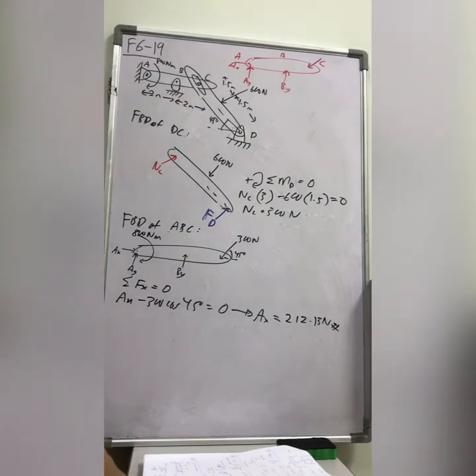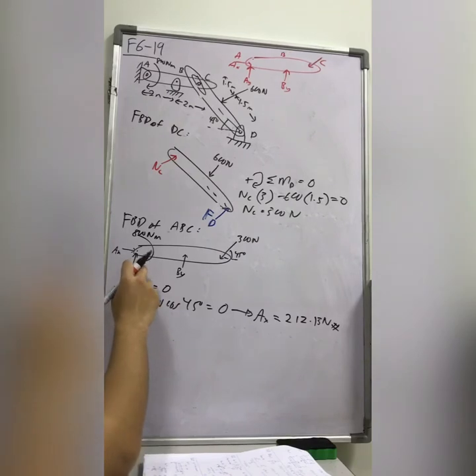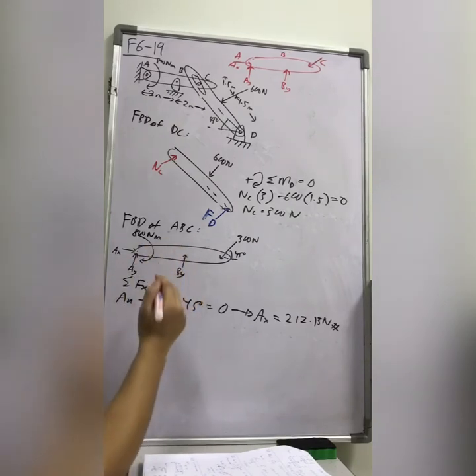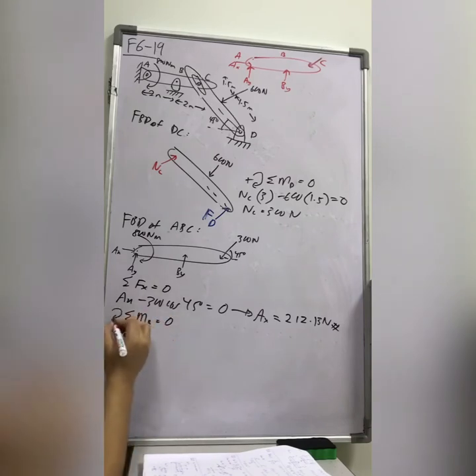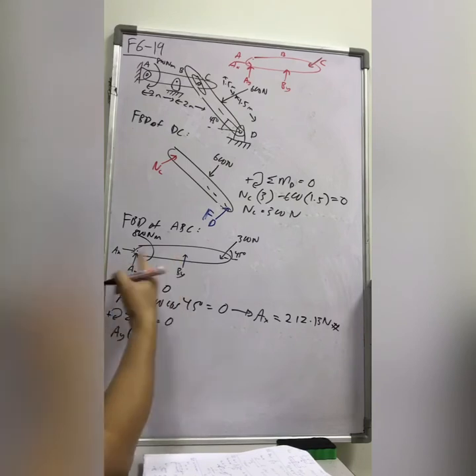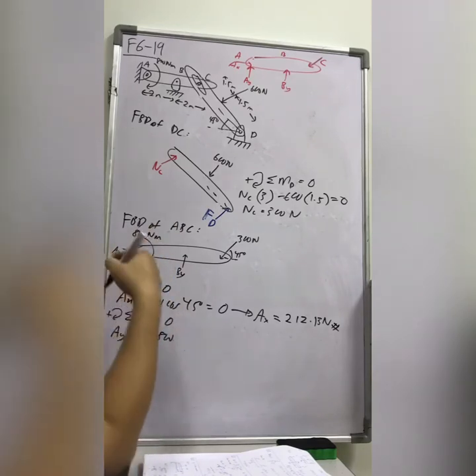And the second one, you can do moment about point B to get your AY. Understand that? If you do that, you will eliminate BY in the equation. So you do moment about point B, assuming for instance clockwise is positive. You have AY times this distance, which is 2, and then plus 800 Newton meter, clockwise plus.